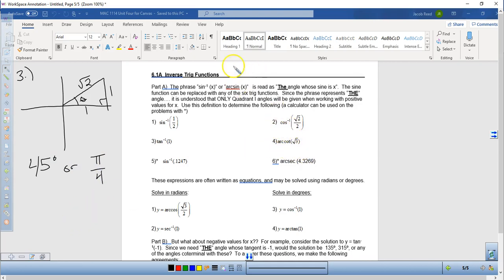Now another way to write this, as you saw up here, instead of sine inverse or tangent inverse, we can say arc whatever. So this is going to be arc cotangent.